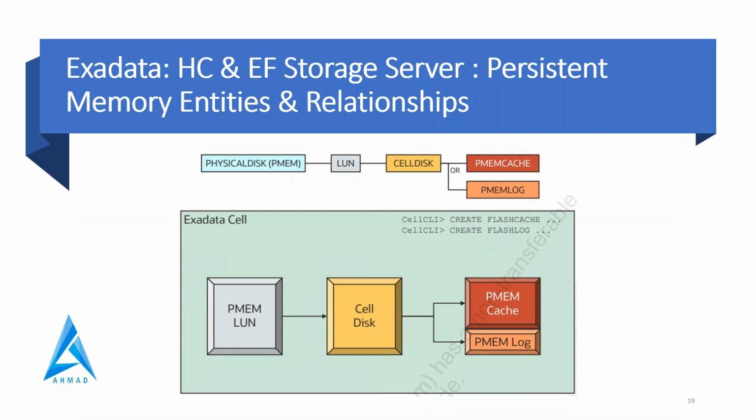Now you have HC and EF storage servers. HC means high capacity and EF means Extreme Flash storage server. They contain 1.5 TB of persistent memory in front of flash cache. Therefore, each persistent memory module has a capacity of 128 GB. Essentially, each persistent memory is like a physical device in the storage hierarchy.